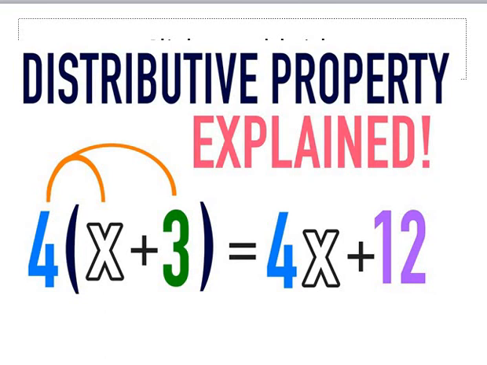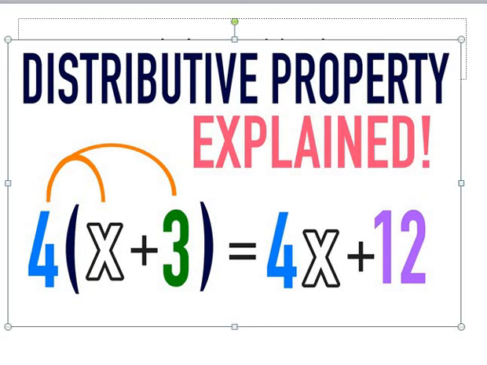You have to keep in mind that there is an operation happening inside the parenthesis. Distribute means multiply by the number outside. You multiply 4 times x, but you have to notice that there is an operation inside the parenthesis, so you keep the plus sign after removing the parenthesis.